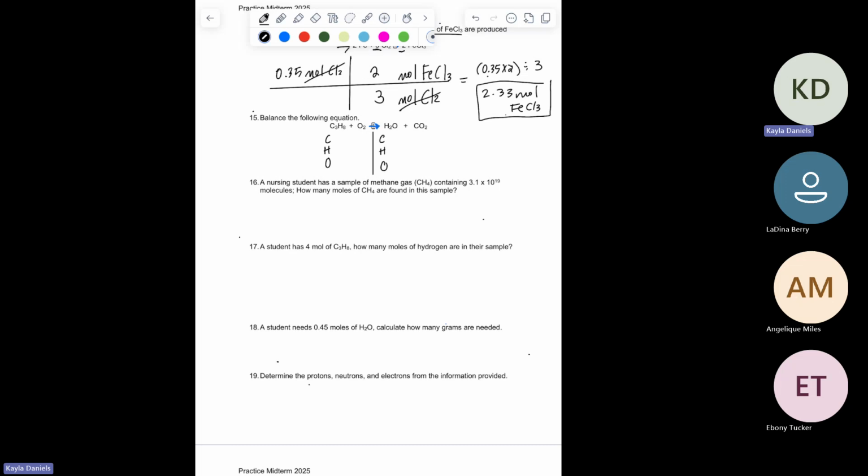On the left side, I see 3 carbons, 8 hydrogens, 2 oxygens, and on the right side, I see 1 carbon, 2 hydrogens, and 3 oxygens. All right, tricky stuff.